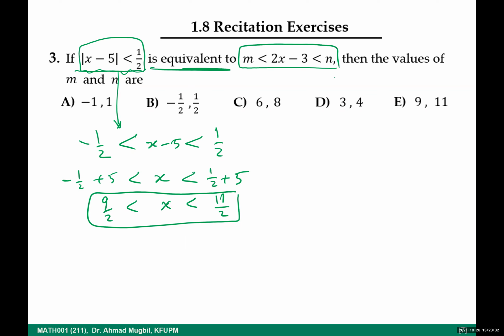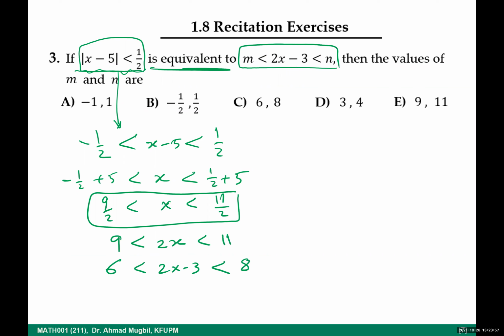Multiply by 2. Why by 2? Why not by 3 or 4? Because the x here is multiplied by 2. So we are building our inequality. We multiply both sides by 2 and get 11 greater than 9, right? Then we subtract 3, so it will be 2x minus 3, and this will be 11 minus 3, 8.